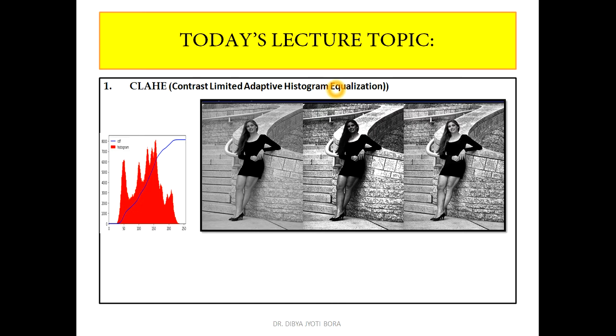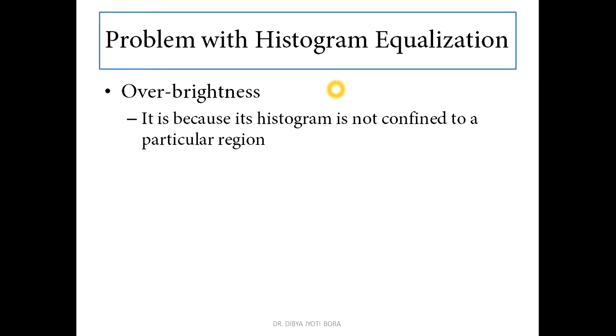Well, let's start then. What is the problem with histogram equalization? That is over brightness, and it is because its histogram is not confined to a particular region. You should note that histogram equalization is a kind of global operation.